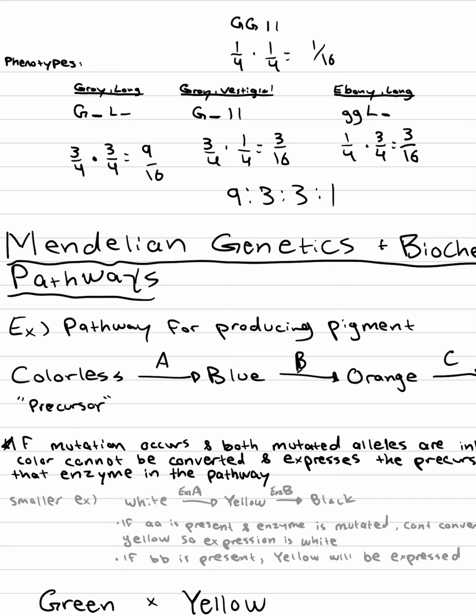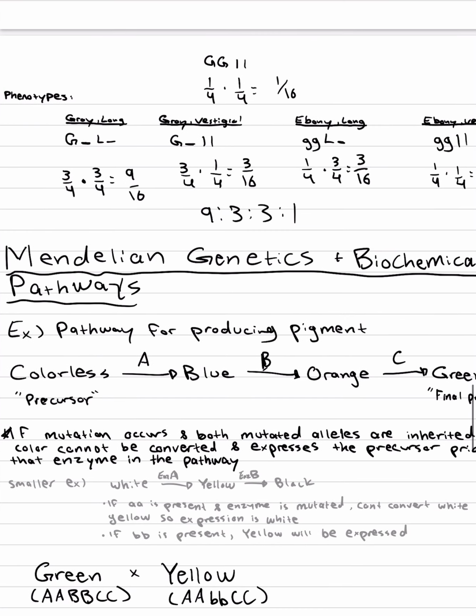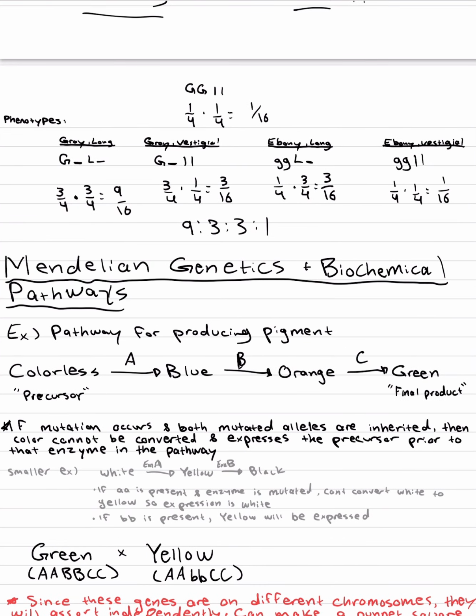And we can apply this to Mendelian genetics. So, if we were to have a mutation at any of the alleles, and we have two individuals with the same mutation who mate, and then they end up having an offspring who carries both of the alleles with the mutations, then the color cannot be converted and expressed.